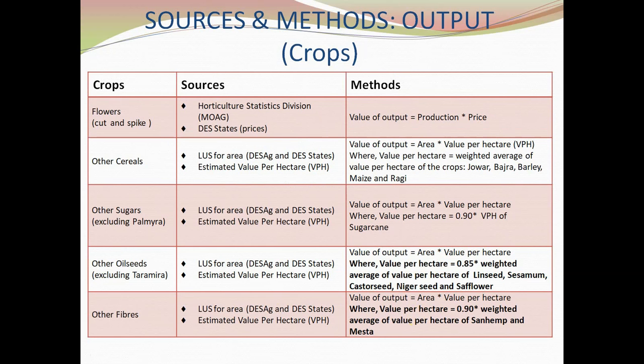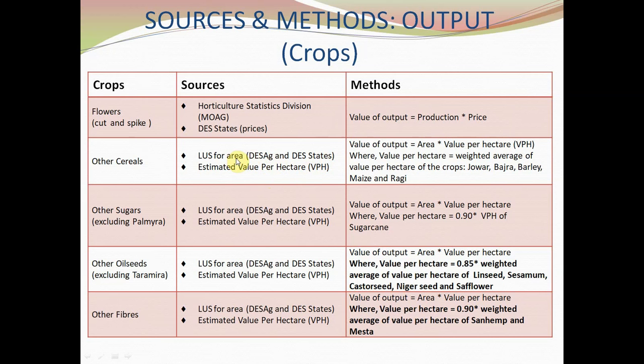Then flowers. These may be cut or spike. Flowers data is provided by Horticulture Statistics Division, MOAG, Ministry of Agriculture, and DES state are providing prices. Value of output is calculated by using production into prices. In other cereals, land use statistics for area is used and data is provided by DES Ministry of Agriculture and DES states.